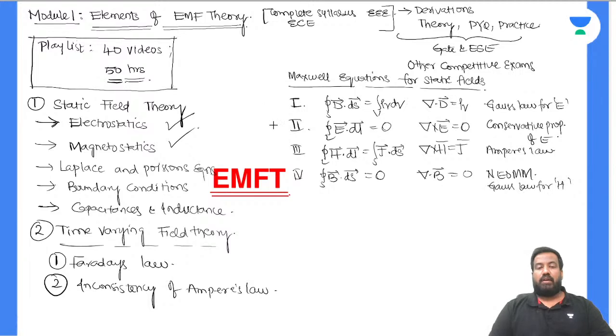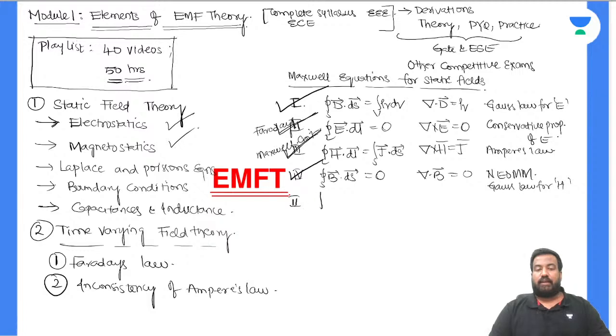From Faraday's law, we modified this equation, and from inconsistency of Ampere's law, also called Maxwell contribution, we modified the third equation. After modifying, the first and fourth equations are same, second and third are modified.